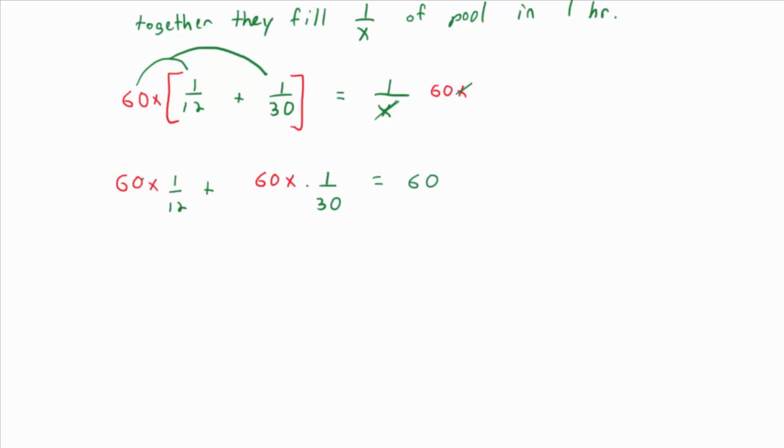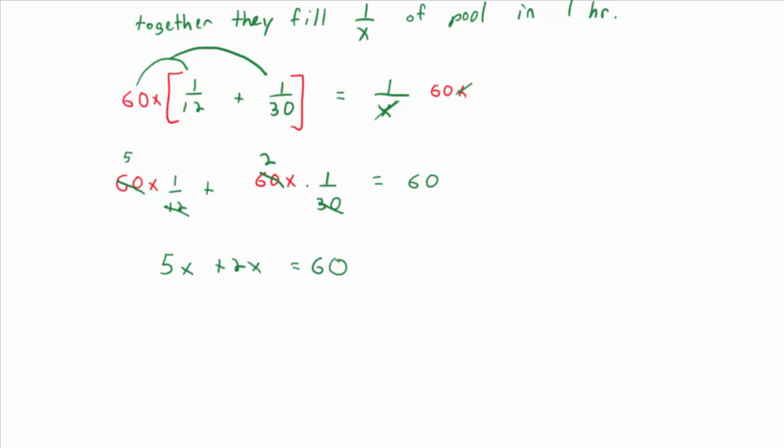On the left side, 12 goes into 60x. What's left? 5x. I thought you said 5. 5x. And then 30 goes into 60x. 30 goes into 60 twice, so plus 2x. 5x plus 2x is equal to 60.